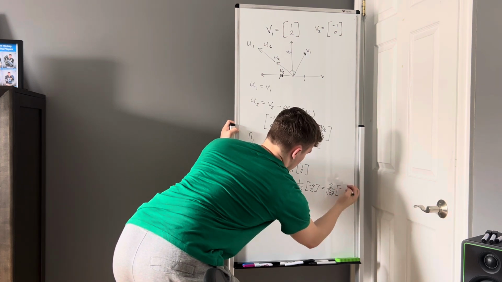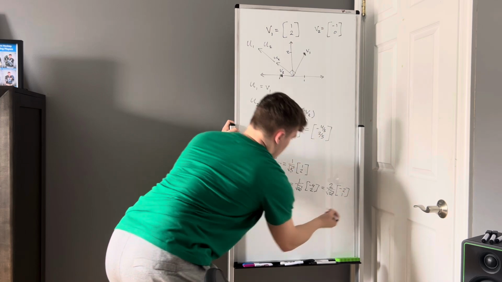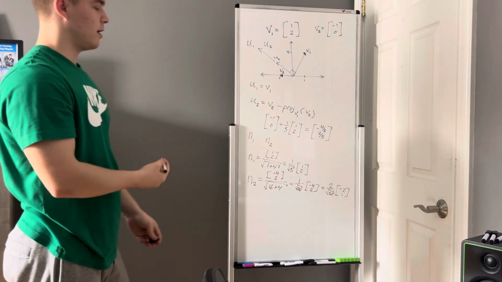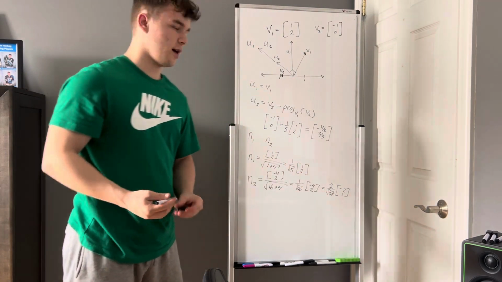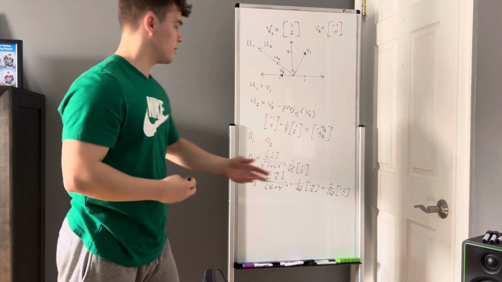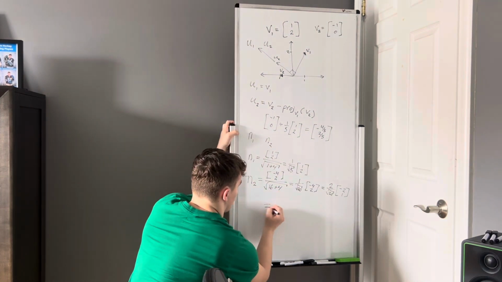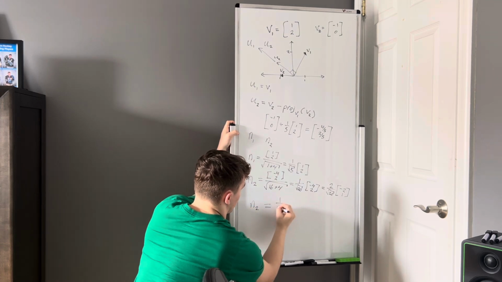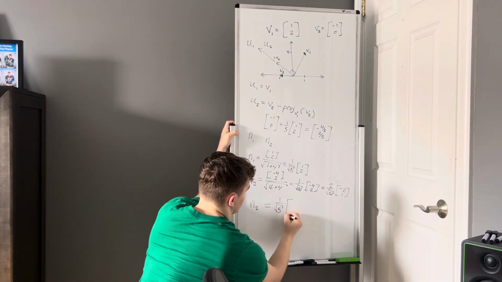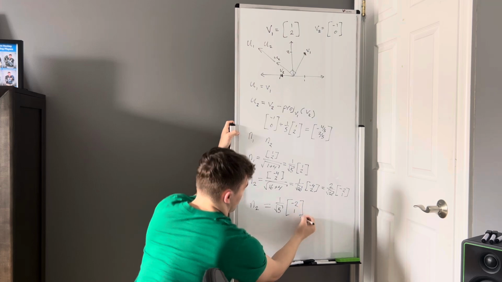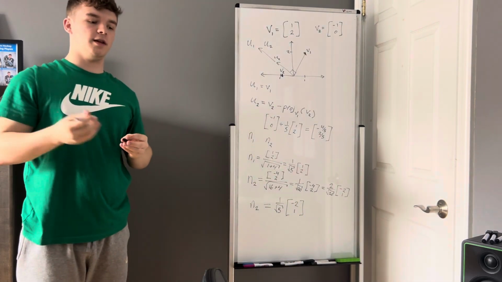We're just scaling this vector down again. And this could be thought of as root 4. And so what we'll get is that N2 is 1 divided by root 5 times minus 2, 1. And that is our orthonormal basis.